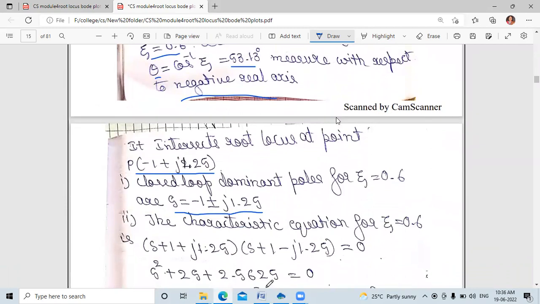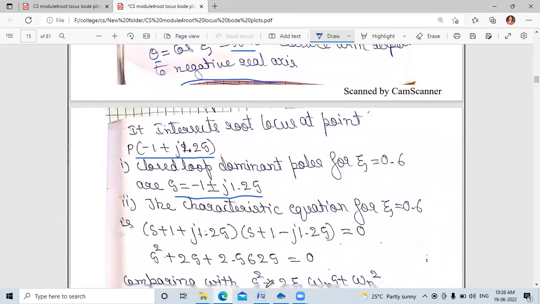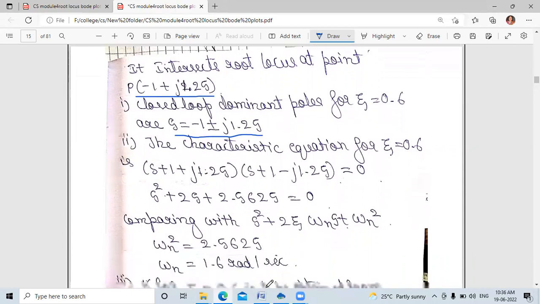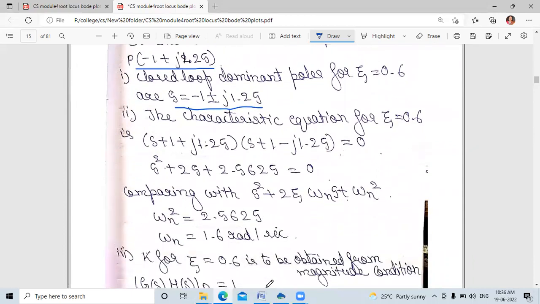So the closed loop dominant poles for zeta 0.6 are s equals minus 1 plus or minus j 1.25. Here we can write (s plus 1 plus j 1.25)(s plus 1 minus j 1.25) equals 0. When you compare with the standard equation s square plus 2 zeta omega n s plus omega n square, you get omega n equals 1.6 radians per second.